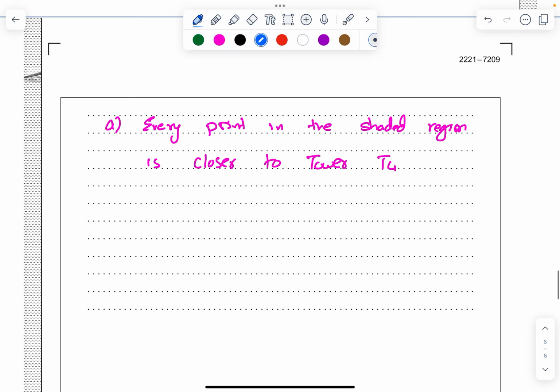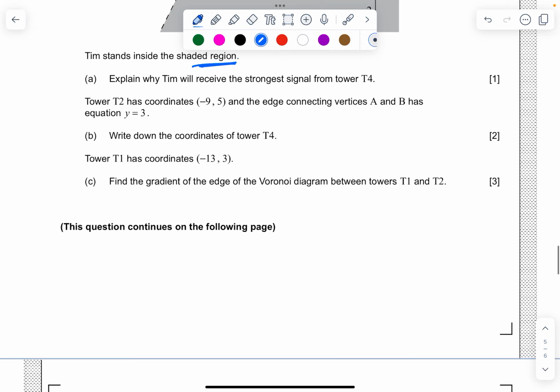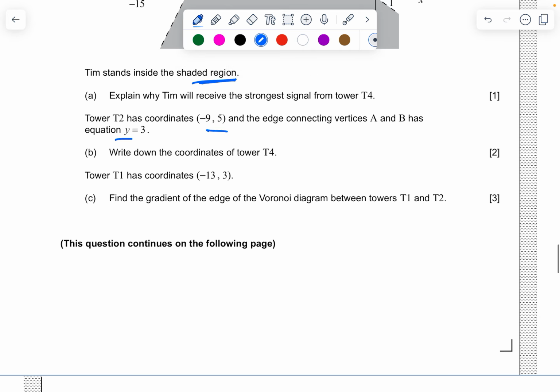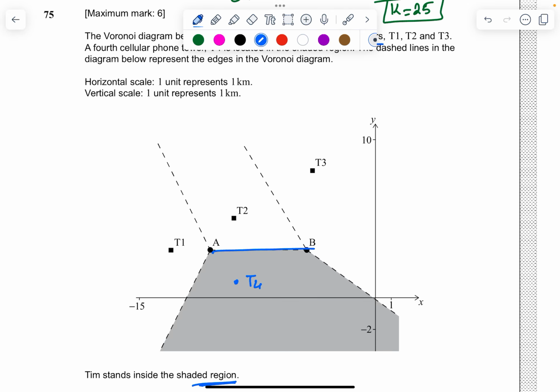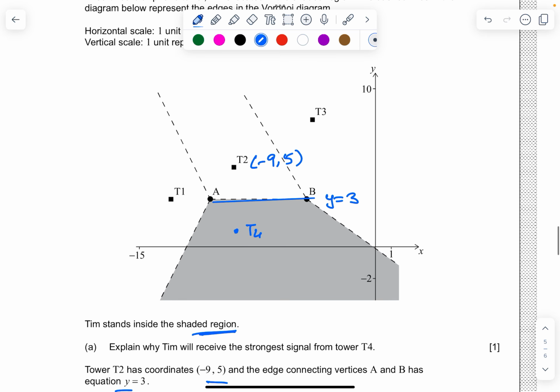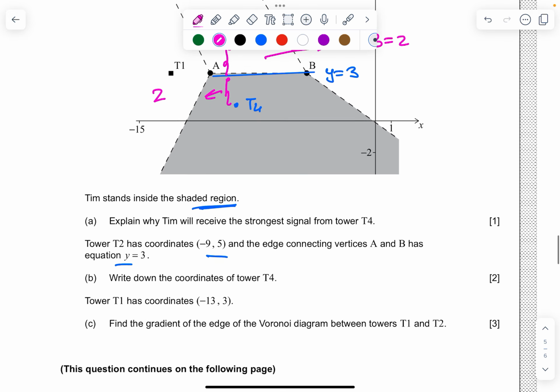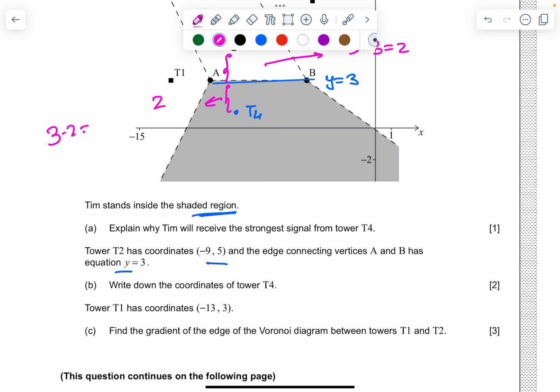That is part A. Coming to part B, tower T2 has coordinates minus 9, 5 and the edge connecting AB is y equals 3. Find the coordinates of T4. We know that this is a perpendicular bisector, so this gap is 2, because 5 minus 3, the gap is 2. So this gap also has to be 2. So it's going to be 3 minus 2, which is 1.